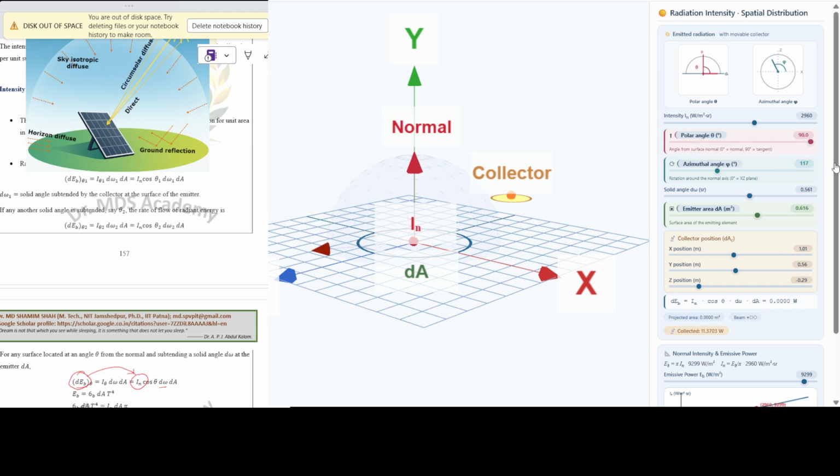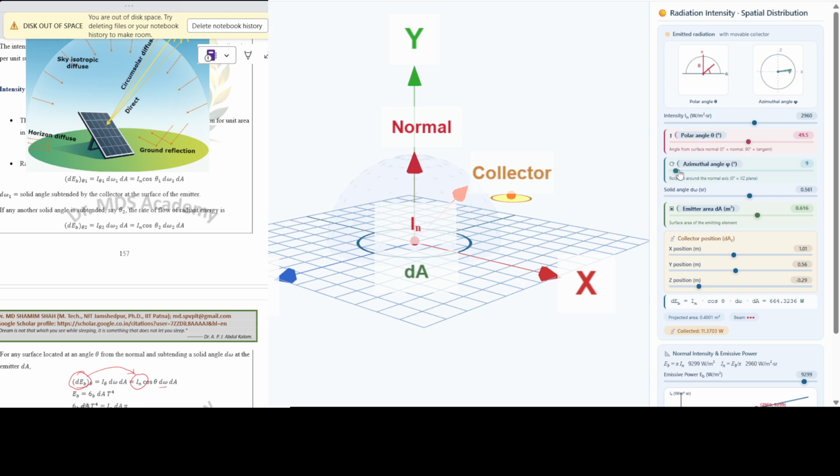At 0 degree, maximum emissive power will be radiated by the emitter. At 90 degree, no energy is emitted. Let's keep it somewhere around 50.